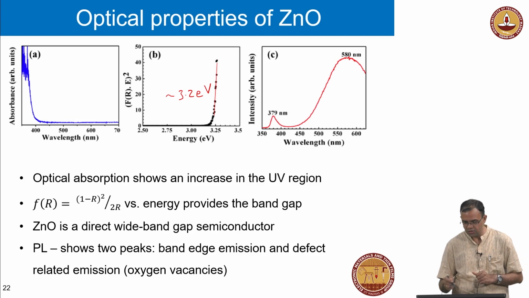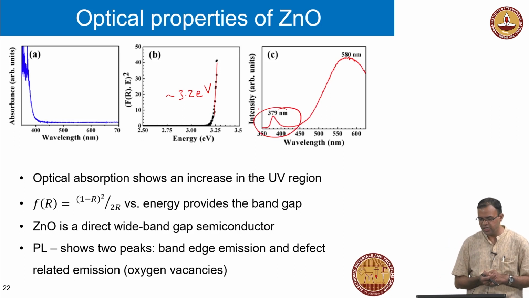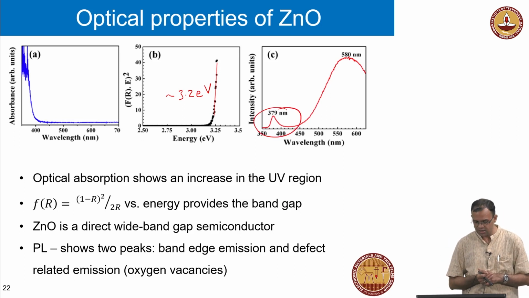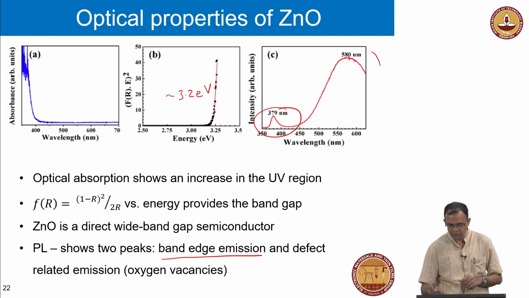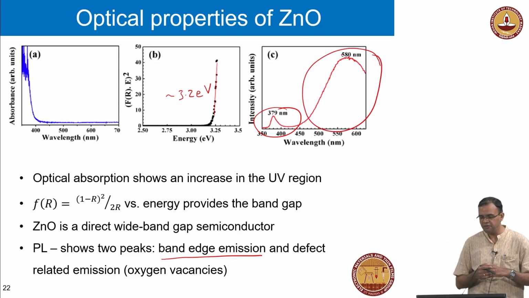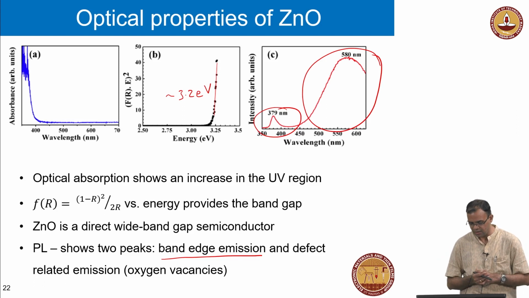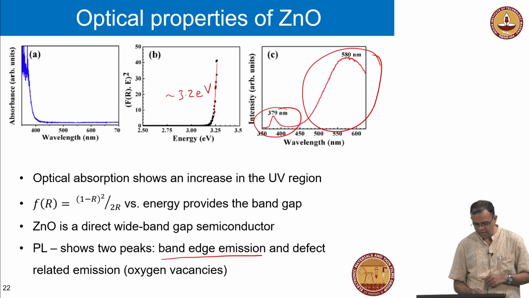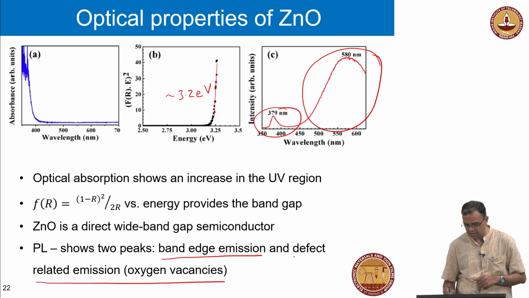PL. So when you do photoluminescence, you see there are two bands. The band at around 380 nanometers corresponds to the band edge emission. So this corresponds to the band gap, and especially for zinc oxide, people see a lot of this. You see a very wide band in the visible region, usually around the green region, and this is a defect related emission.